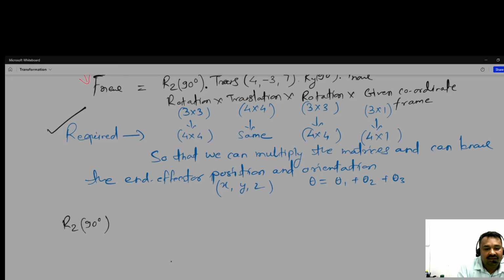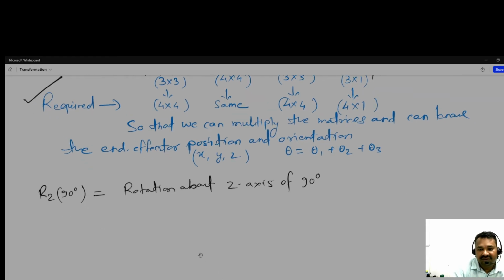Rz 90 degrees. We can write it as Rz, rotation about the Z axis of 90 degrees. What is the meaning of this?